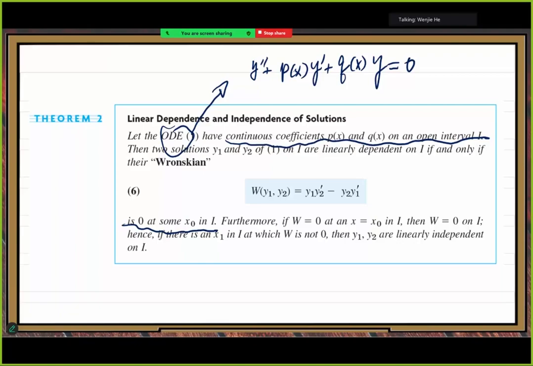Why? Because they are not solutions of y double prime plus p y prime plus q y equals 0. So the solution condition is important. If there is a point at which W is not 0, only one point, then you can say y1, y2 are linearly independent.